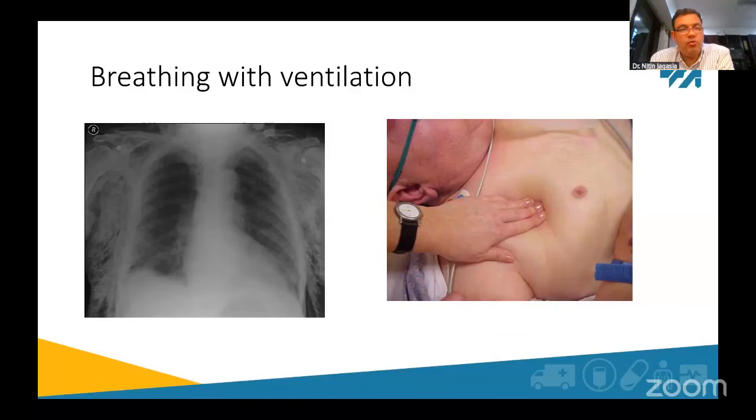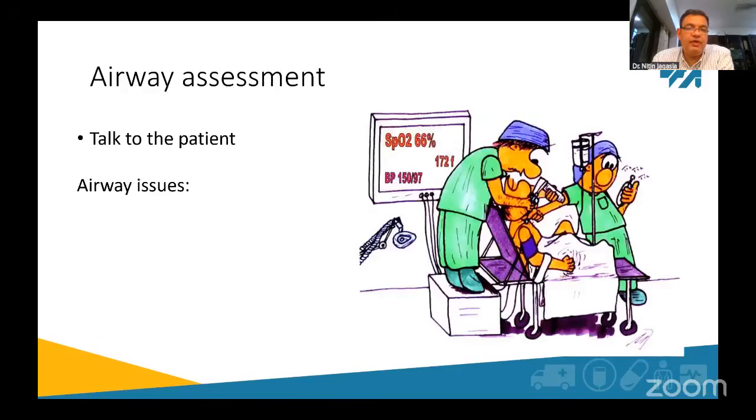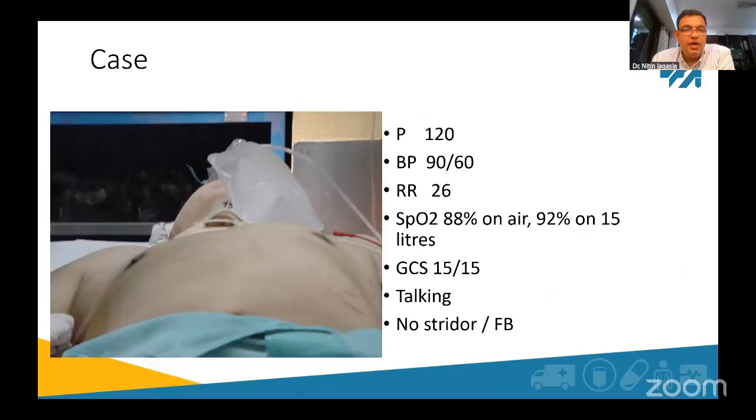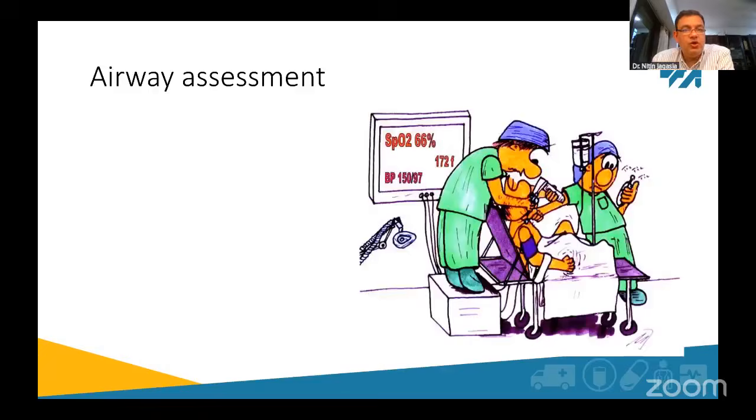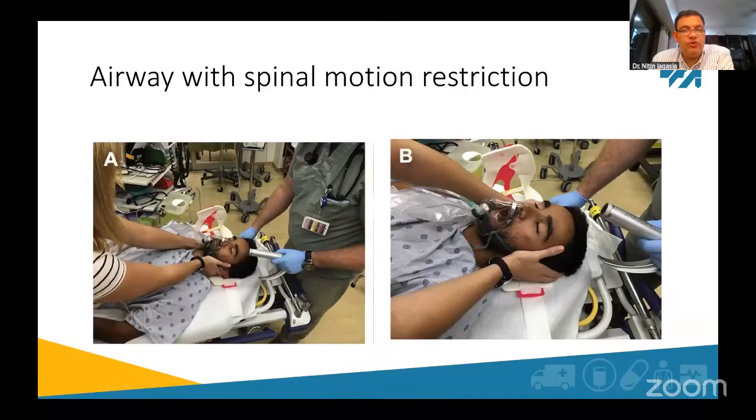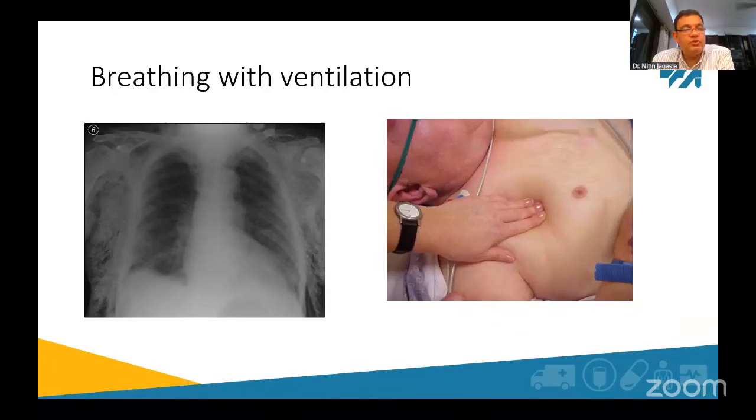So when we are doing trauma management, breathing with ventilation, we check the respiratory rate and the saturation. In the previous picture, if I go back, you can hopefully see that you should always inspect from the foot end, and the left side of the chest is unequal, right? So you inspect and feel for any crepitus, which could be bony if there are rib fractures, or subcutaneous emphysema.